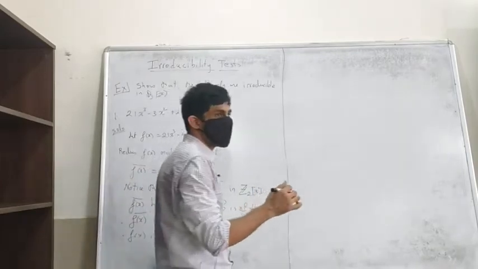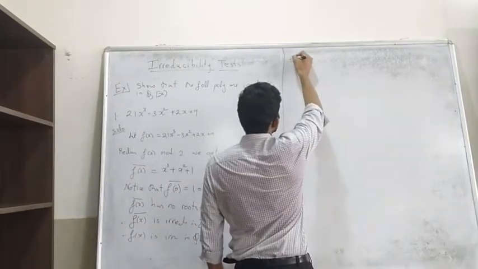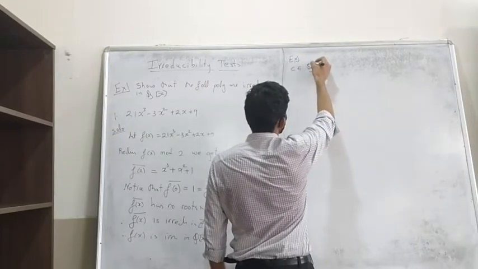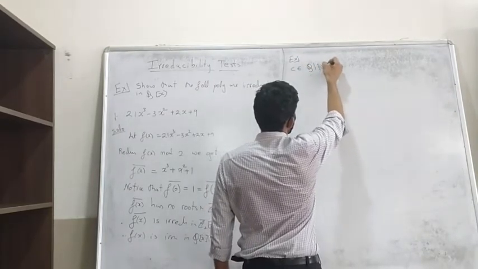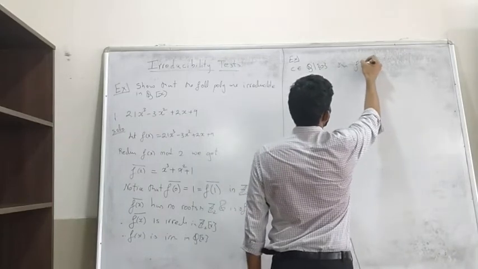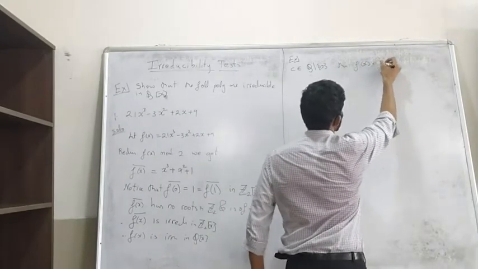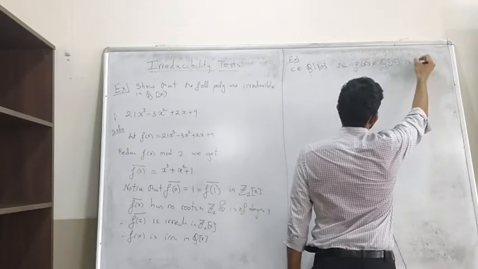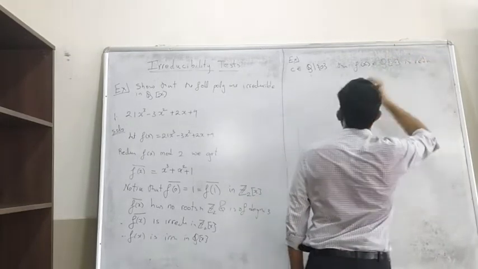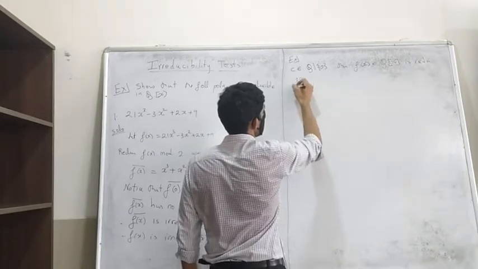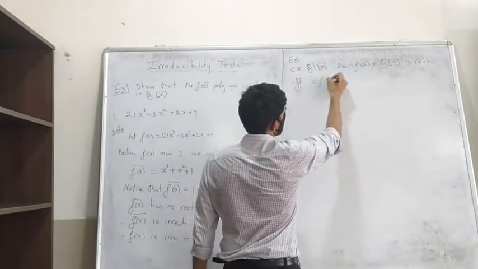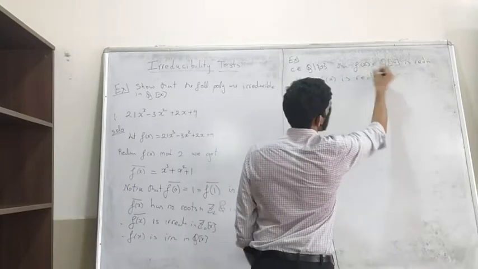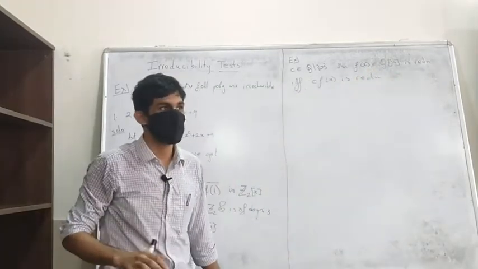So essentially what I am telling you is that if C is positive, then f of x in Qx is reducible if and only if C times f of x is reducible. Can you see that?